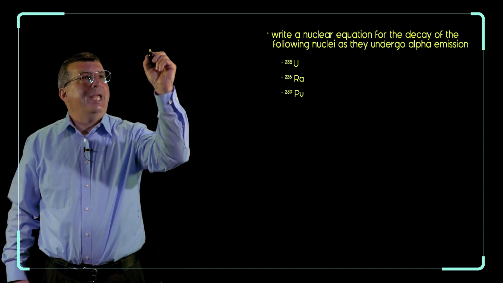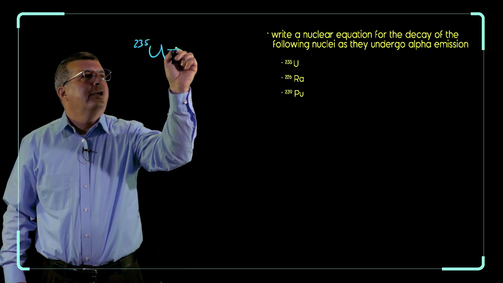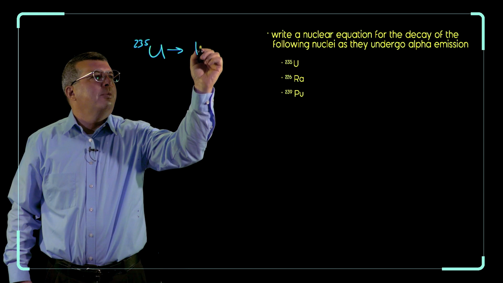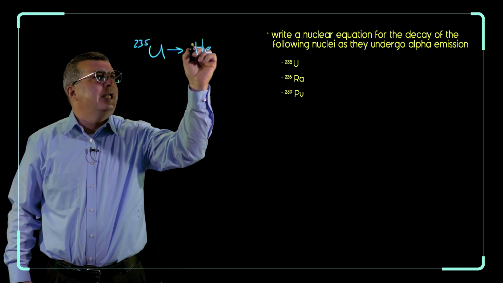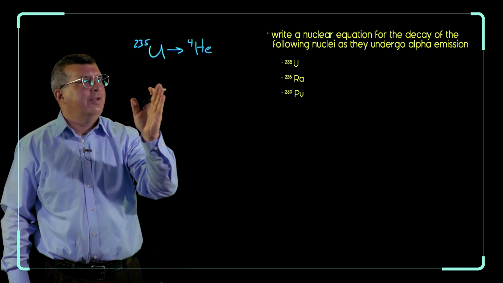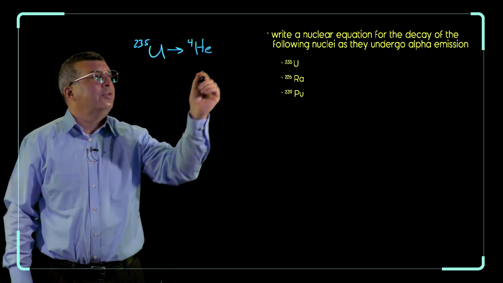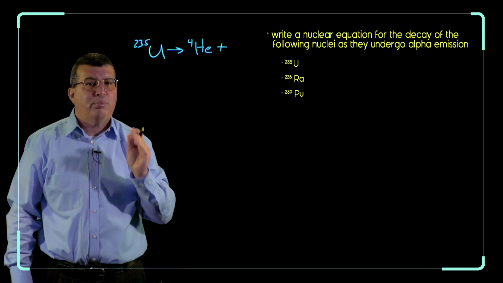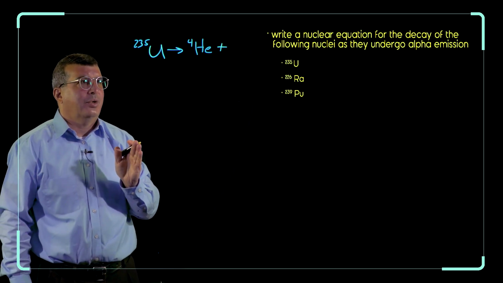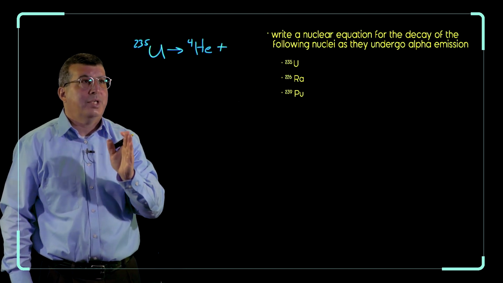Okay, uranium 235 undergoes alpha emission. The alpha is a helium-4. So uranium 235 ejects a helium-4. That helium-4 takes away 2 protons with it. So whatever's left has 2 fewer protons.